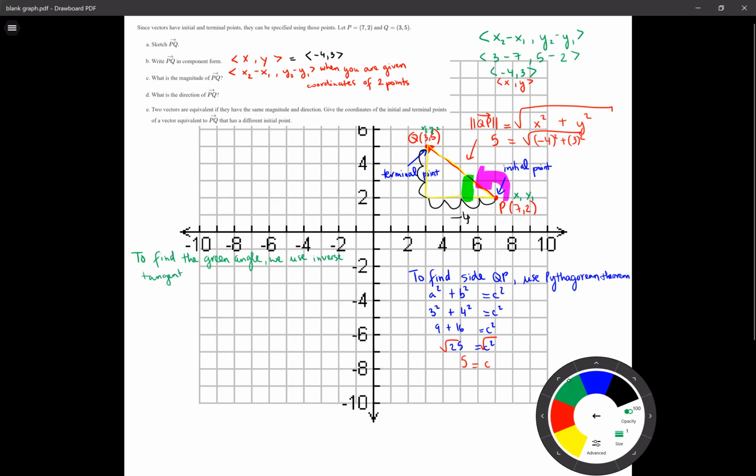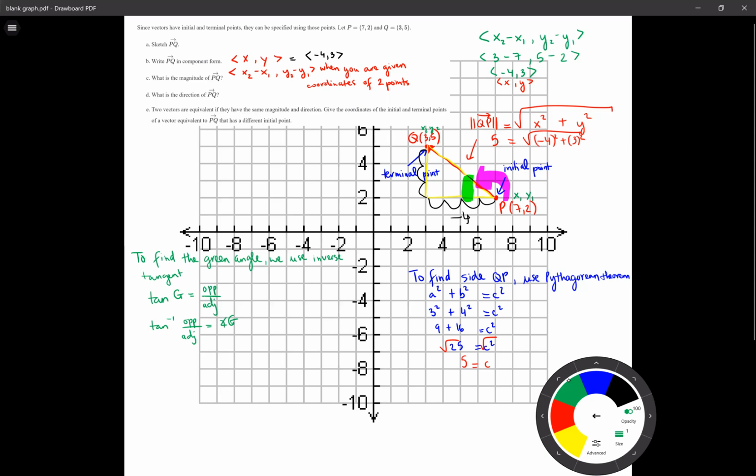I will start with tangent of the green angle, which is angle G, equals opposite over adjacent. So inverse means I have tangent to the -1 of opposite over adjacent equals angle G, the measure of angle G.